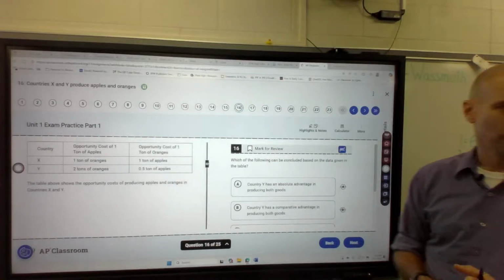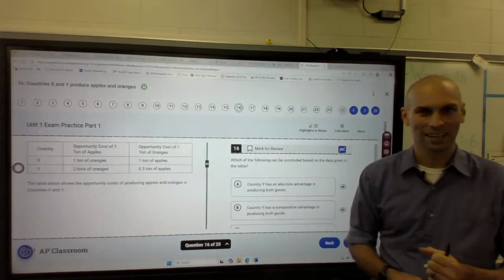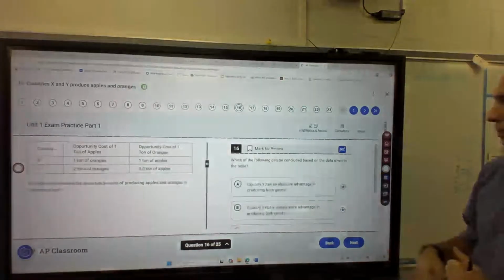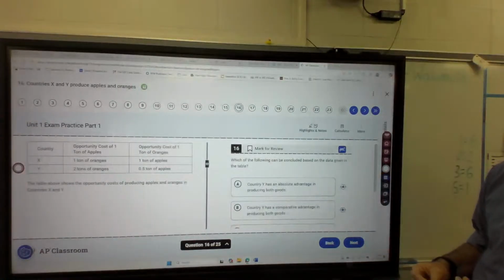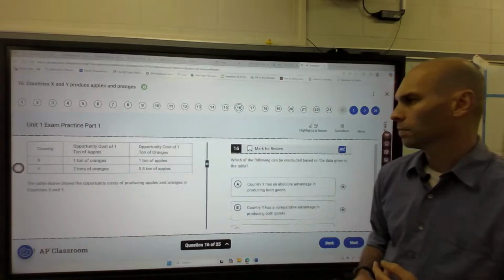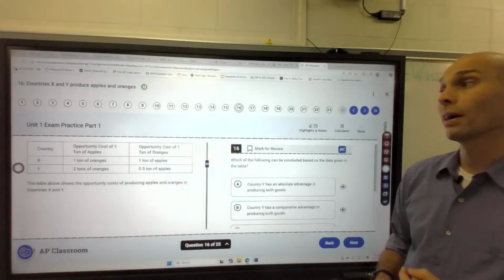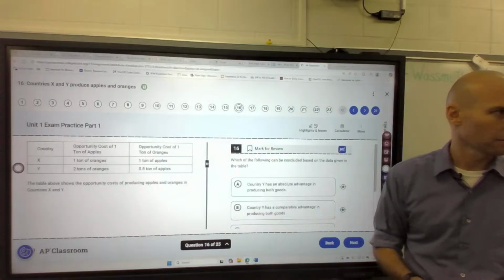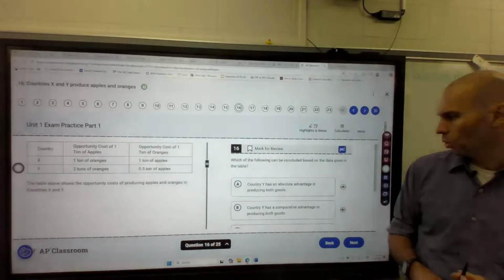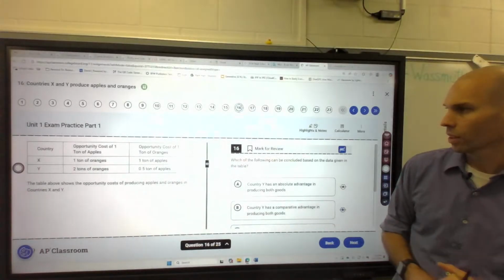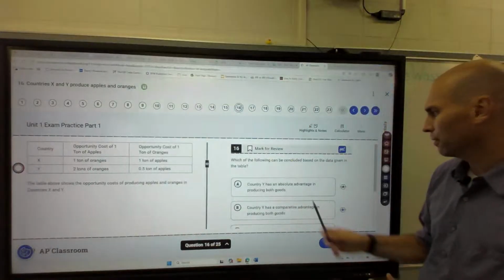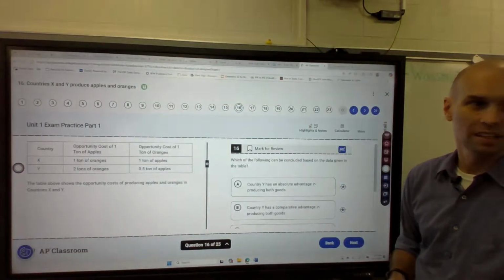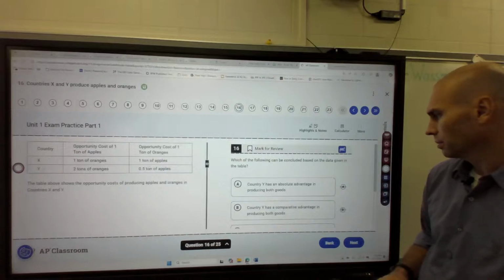All right. So comparative absolute advantage seems to be the thing that you guys have a little trouble with. What can be concluded? Okay. This one already converted this into opportunity cost. So you can't figure out absolute advantage from this because it doesn't say who makes the most numbers.